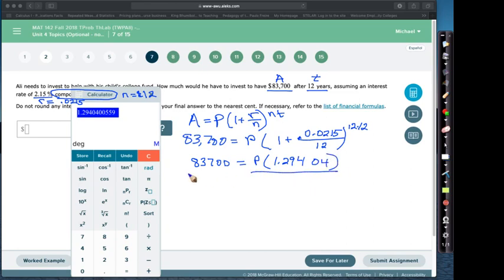So we want to divide both sides by this number. On this side, these are going to cancel, and on this side, we're going to get our answer. I'm going to use all the decimals to get as accurate as I can.